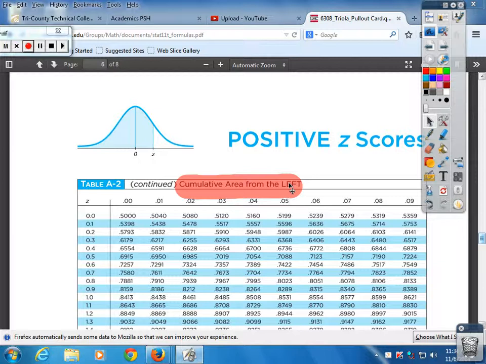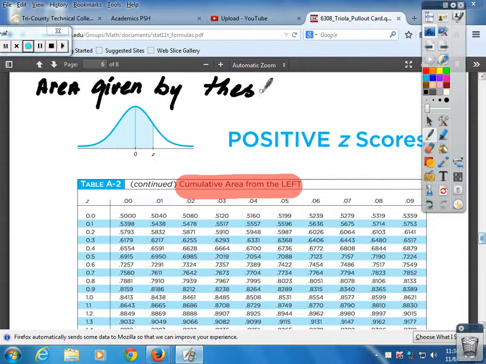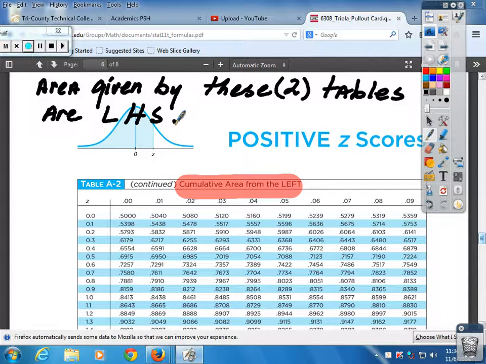Now what does that mean? That means that the area given by this table and the negative, either one, by these two tables are left-hand side.